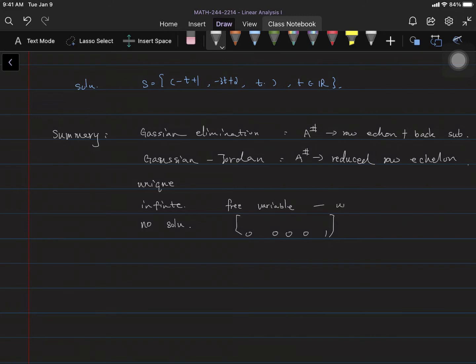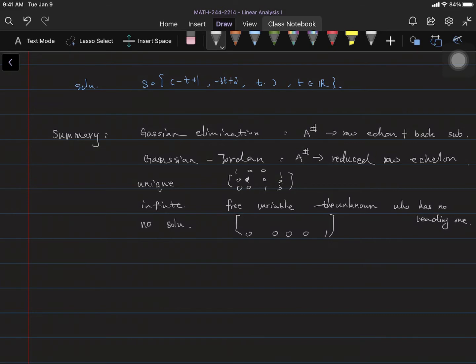The unknown that has no leading one. And the unique solution just means regular. For example, if the reduced form is like 1, 2, 3, 0, 0, 1, 0, 0, 1, 0, 1, 0, 0. In this case, there is a unique solution, right?